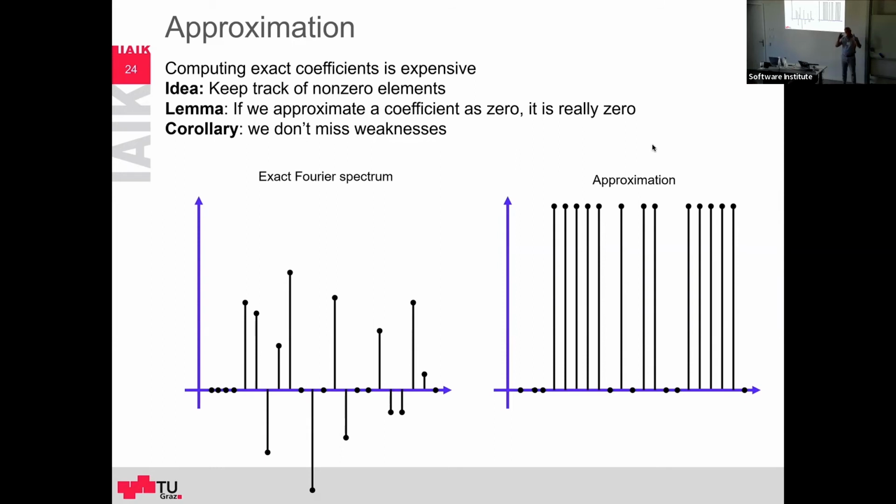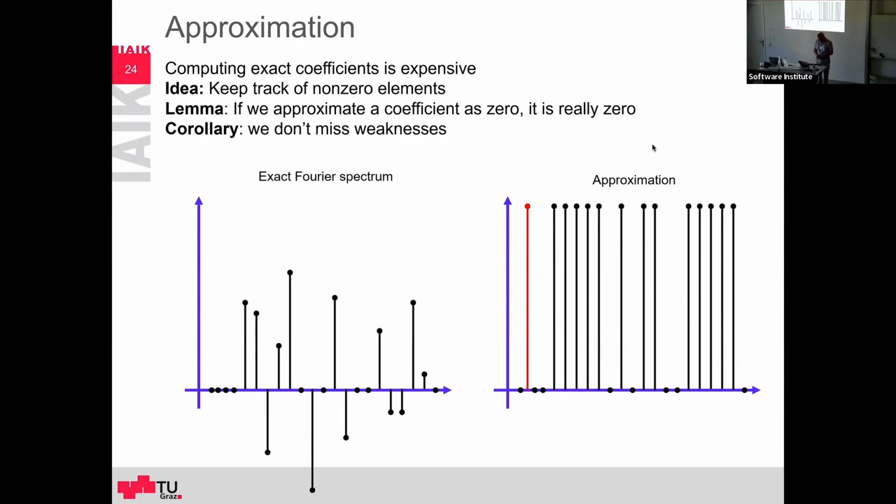Sometimes you combine two functions and terms cancel out, and this effect we're going to miss. So sometimes a coefficient that is zero becomes non-zero in our approximation, and that means that we might sometimes find problems that are not real.